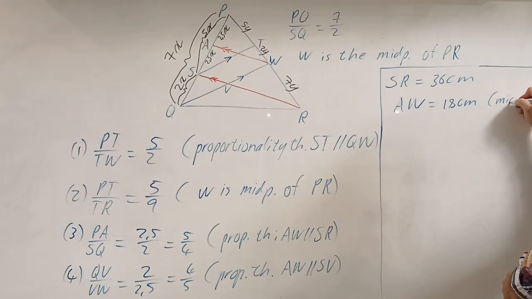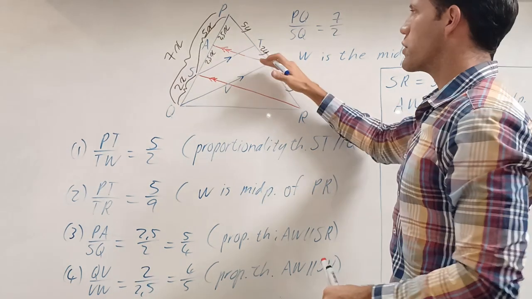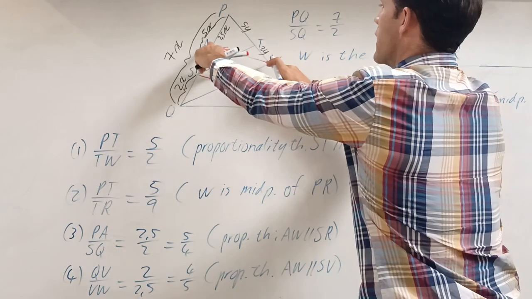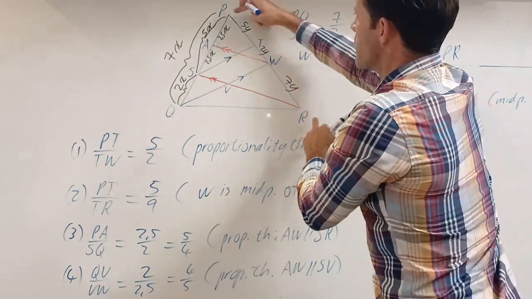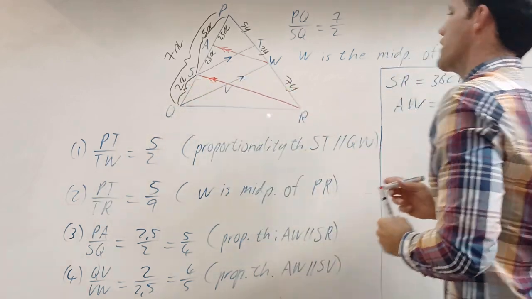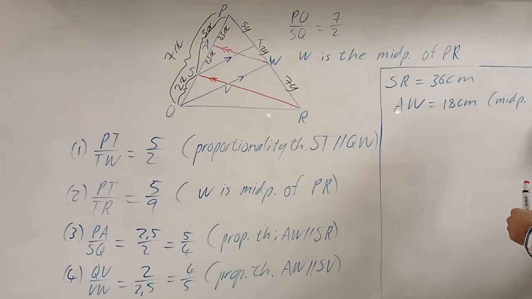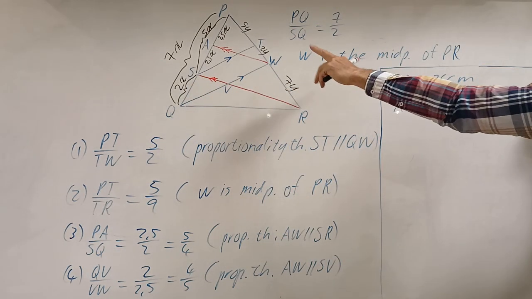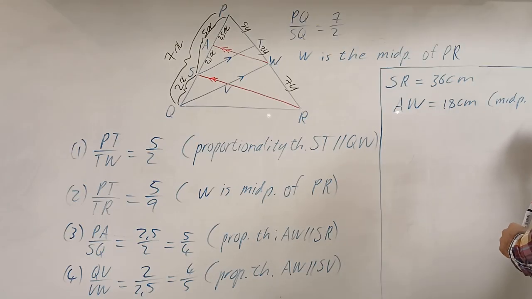Reason: midpoint theorem. The midpoint theorem says that the line joining the midpoints of two sides is parallel to the base and half the length of the base, SR. So it's the midpoint theorem, and AW is parallel to SR.